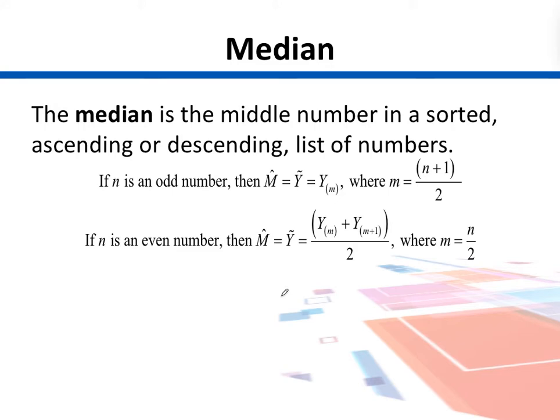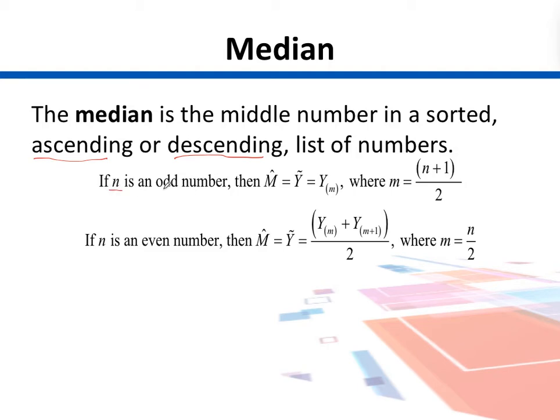The median is the middle number in a sorted list of numbers, ascending or descending. The size of this list can be represented by n, or sample size.